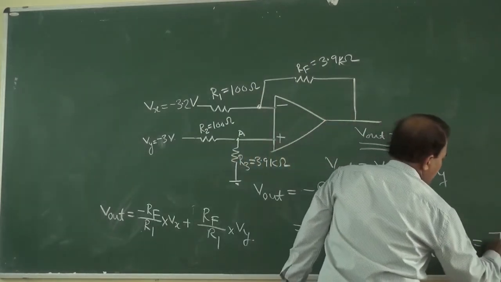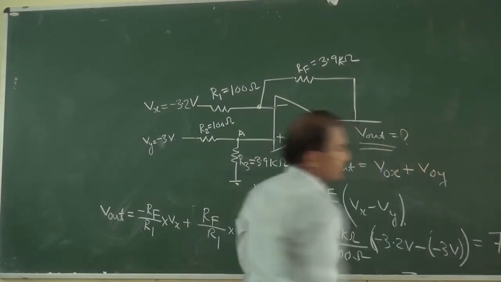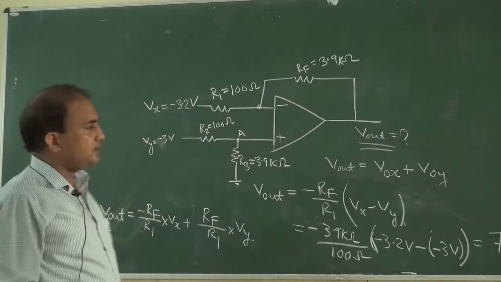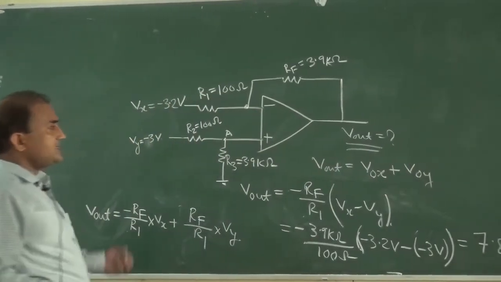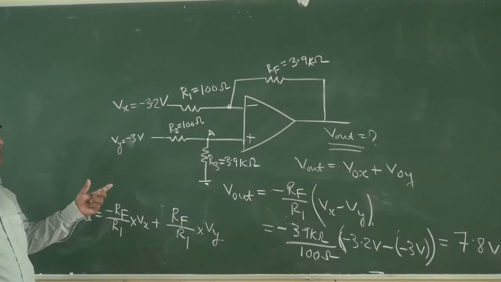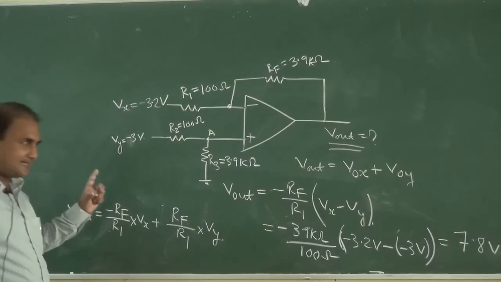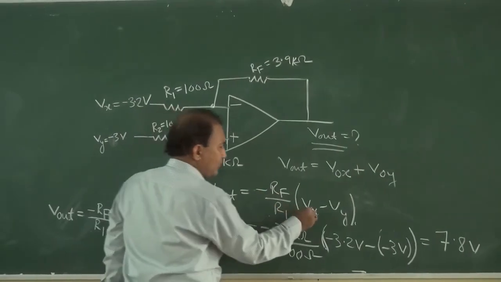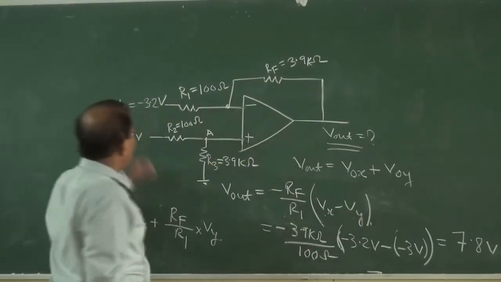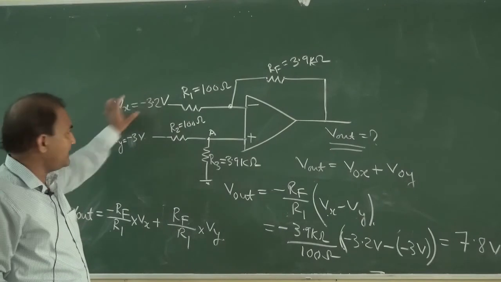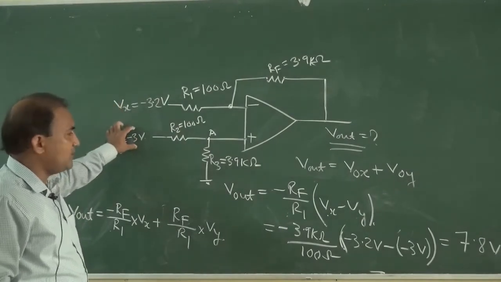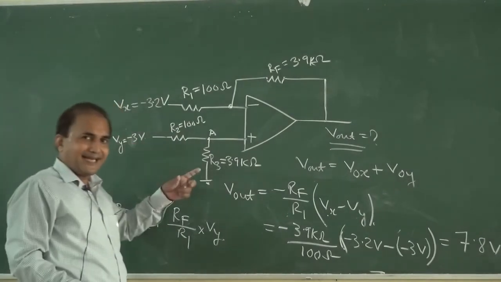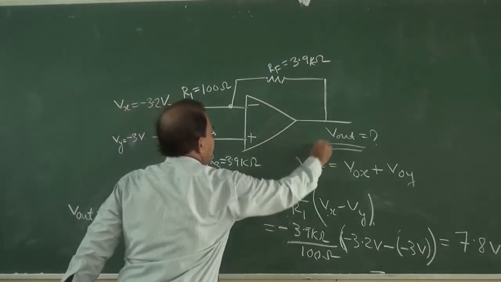It is equal to 7.8 volt. So in this way we can determine the V output for this circuit. It is equal to minus Rf by R1 into Vx minus Vy, with Vx minus 3.2 volt and Vy minus 3 volt.